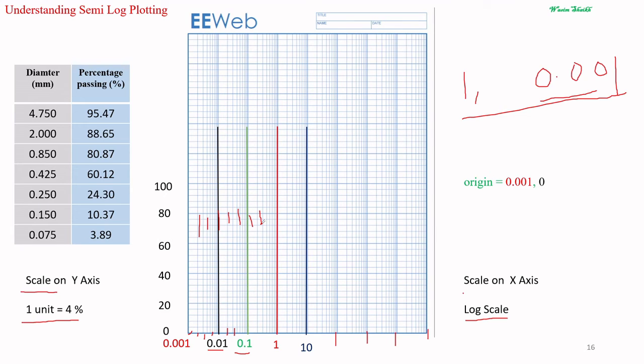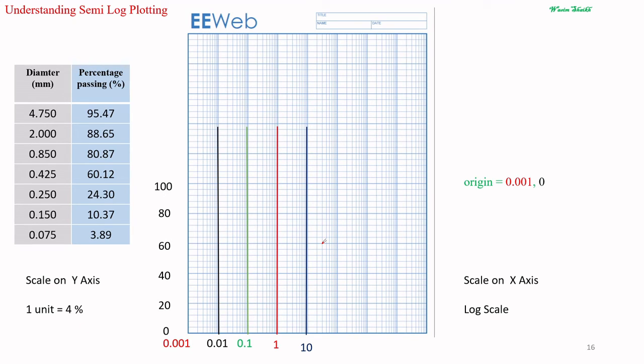So in order to compress that data, we use semi-log paper. Between 1 and 0.001 there is a difference of 1,000, and you cannot plot that on a normal graph paper, but here you can plot any kind of data using semi-log paper. So basically semi-log paper is used to compress the data.